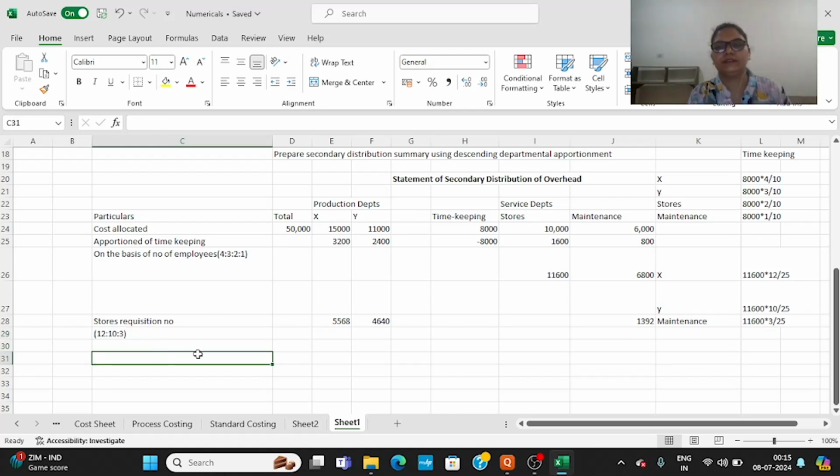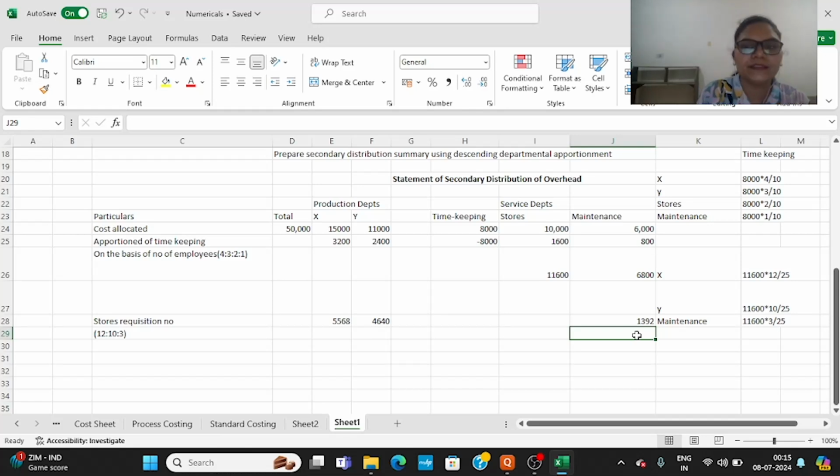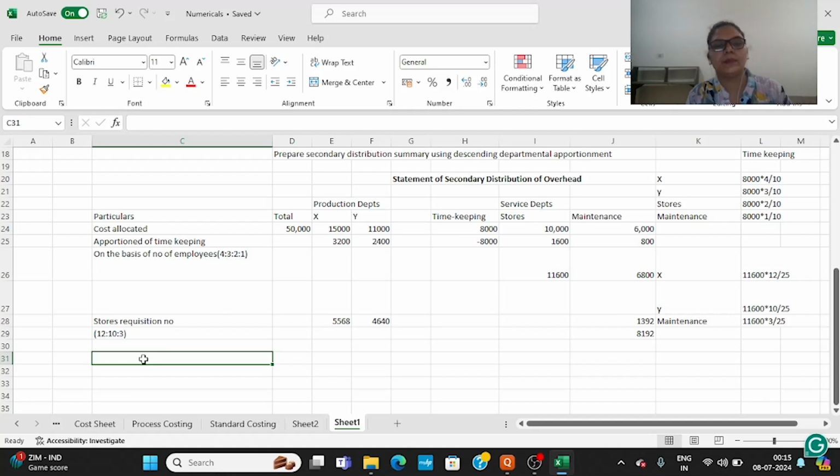Next is the maintenance department. Now the total expenses of the maintenance department are 6,800 plus 1392 of the stores department which has been allocated. So total cost comes out to be 8192. Next is apportionment of maintenance.